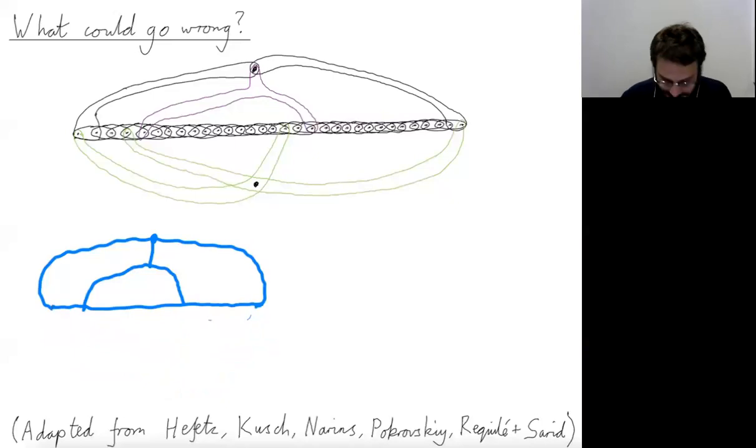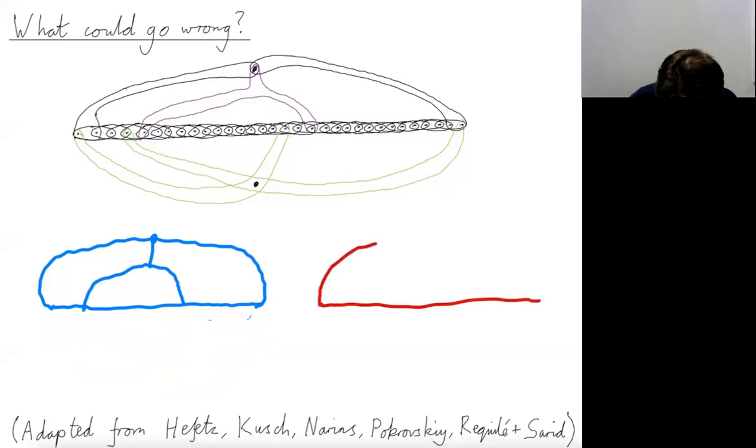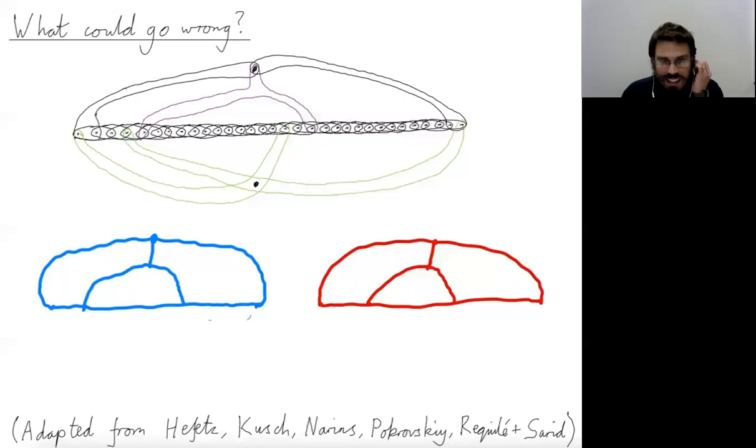The only trouble is that by the time the second player has got as far as this, the first player might have also been busily building their own almost copy of this graph or of this hypergraph, right?